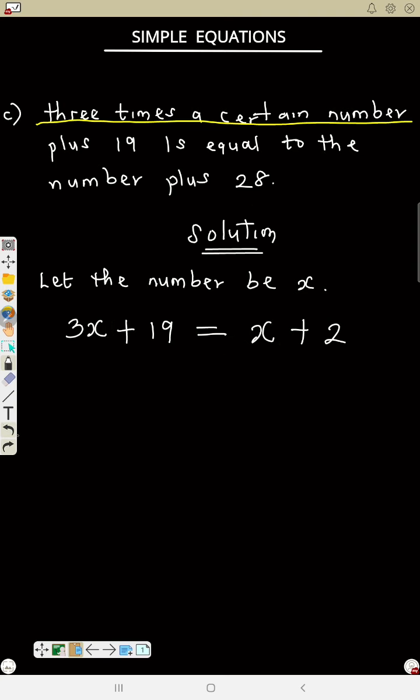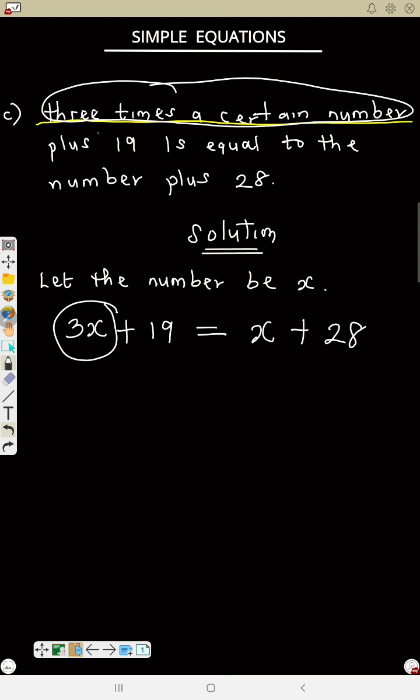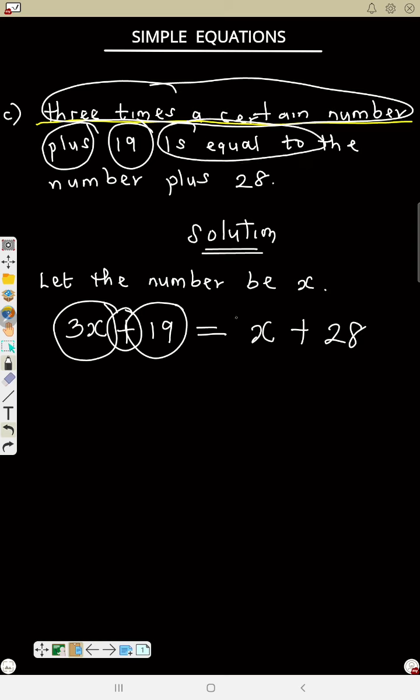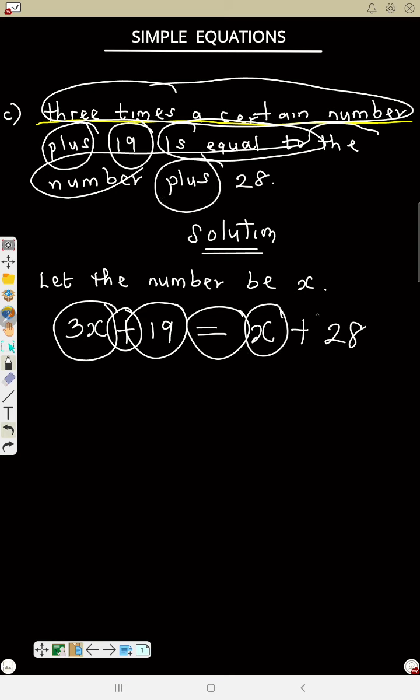So let's trace it. 3 times a certain number plus 19 is equal to the number plus 28. So one by one. So that is how you will interpret any equation.